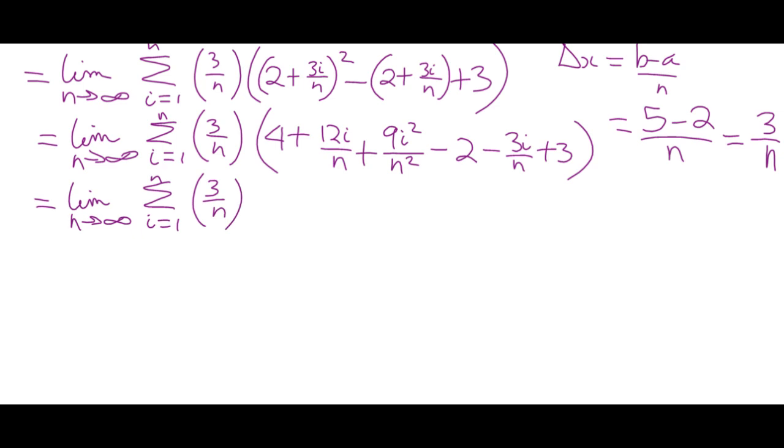Let's put these in order: 9i squared over n squared plus 9i over n, so 12i minus 3i, and then 4 minus 2 is 2, plus 3 is 5, plus 5.